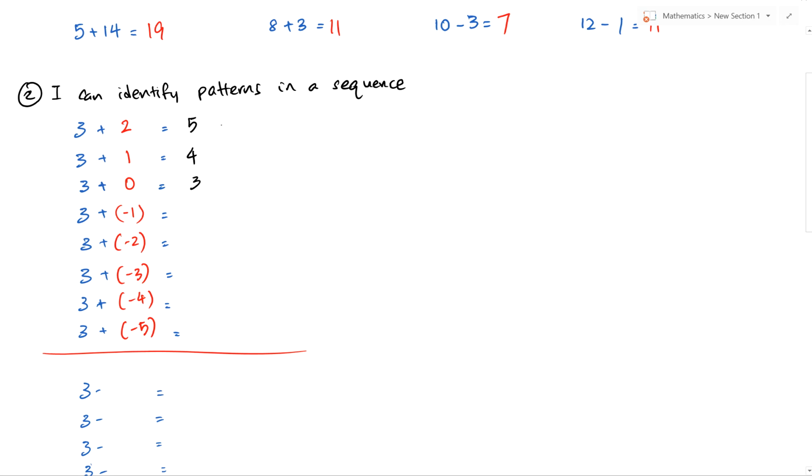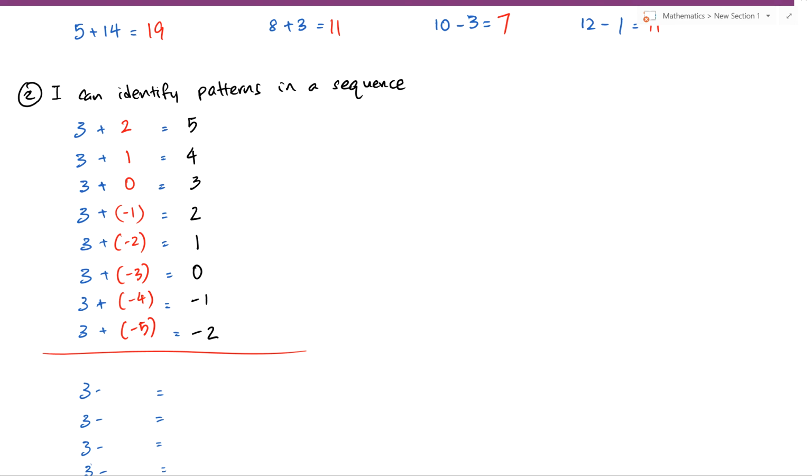So we see on the right hand side, this has a number pattern too. We went from 5 to 4 to 3. Logically, the next number must be 2, followed by 1, followed by 0, then negative 1, and negative 2. So here we have the correct answers to the questions on the left hand side of the equation.